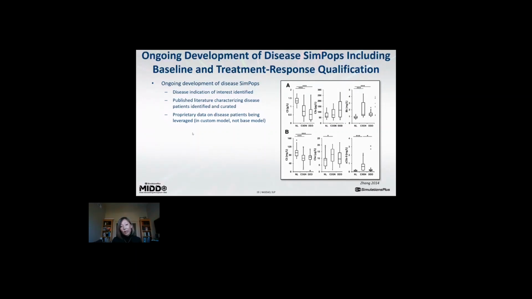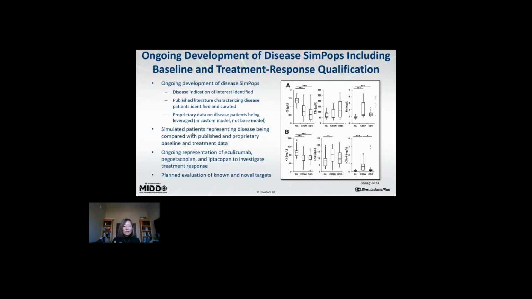And so we can generate patients that align with these data. If you have proprietary data on C3G, we could also generate patients that align with proprietary data. Again, that would be in a custom model, not in the base model. And then we can also look at the responses to various treatments as part of the qualification of those patients.